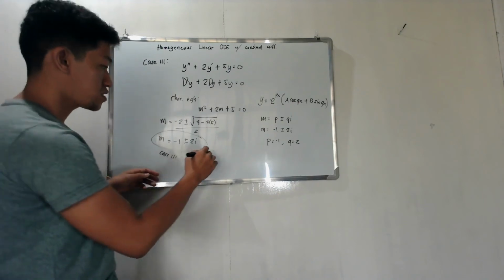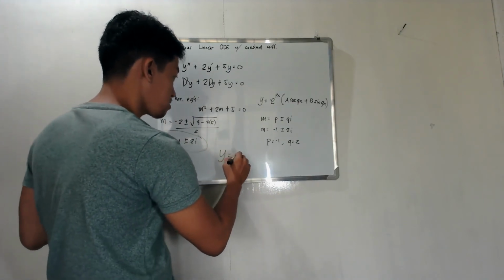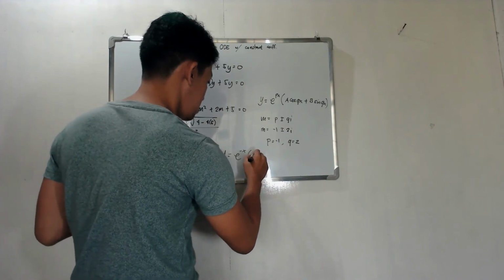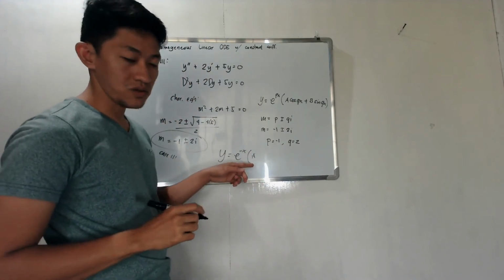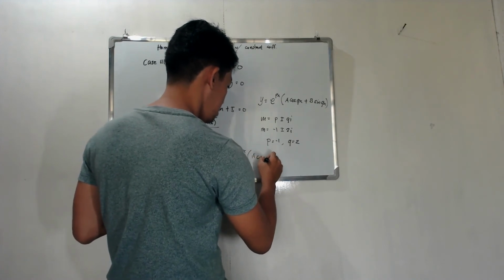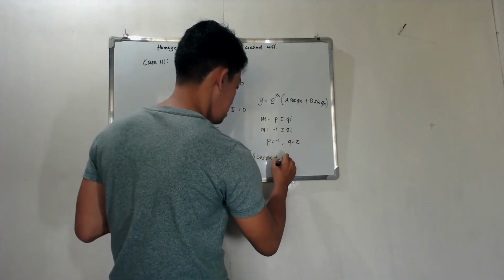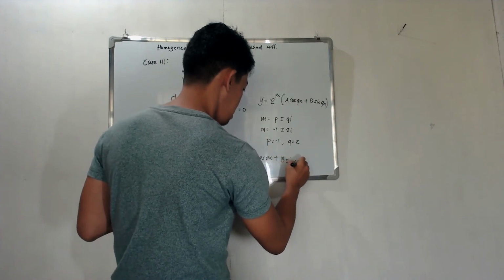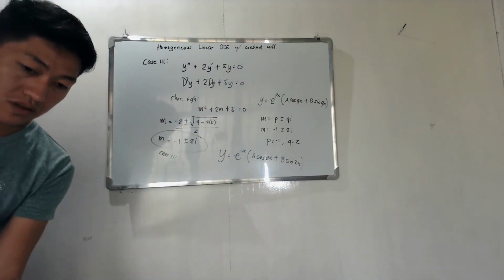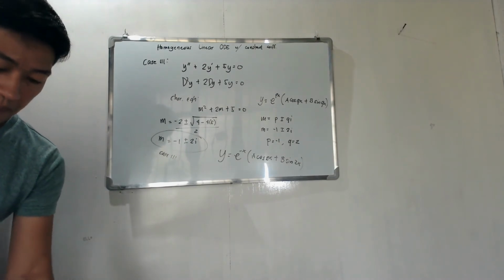Okay, therefore, your general solution is y is equal to e to the negative x, A, what is A? That is the constant, A cosine 2x plus b sine 2x. This is now your general solution. Okay?